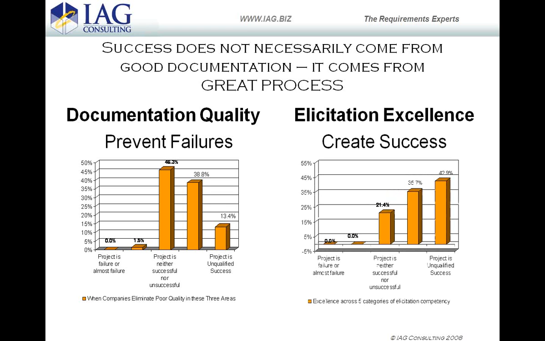You cannot have lousy documentation quality and elicitation success. If you have lousy documentation quality, it doesn't matter how good your elicitation is, frankly, your project's going to go nowhere. If you have both, and you have that creating of excellence, excellent projects come from an excellent process of doing the requirements.